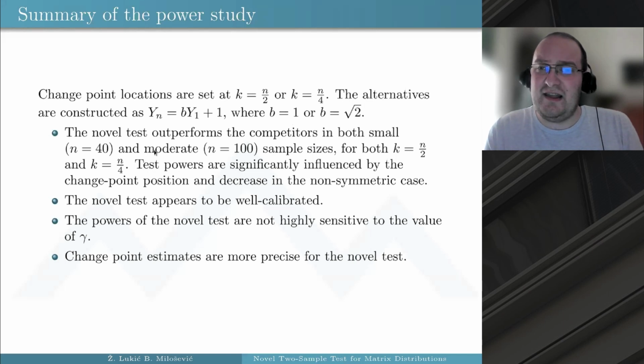Also, we have considered sample sizes of 40 and 100 for both cases, and our approach seems to be well calibrated. Also, the powers of the novel test do not significantly depend on the parameter gamma, and the change point estimates, when we performed the estimation, are better in the novel case.